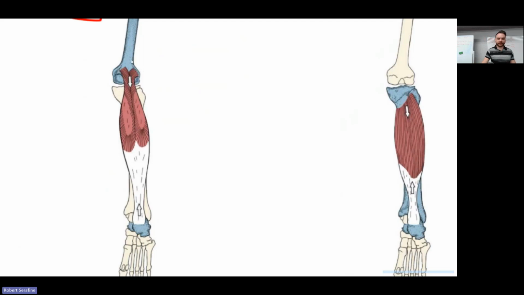Well, one, I'm passing the knee joint, so that's going to produce something. And then I'm passing the ankle joint, so that's going to produce something. But what? In this particular case, we just need to follow the direction of the pull of the muscle. If I pull from here to here, I'm going to produce flexion of my knee. And then here, I'm going to produce flexion of my ankle, aka plantar flexion.